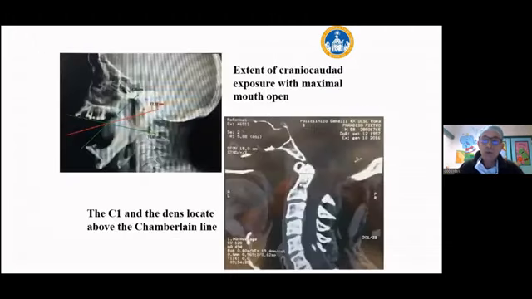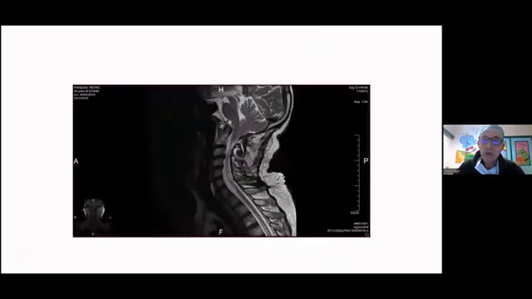This guy was previously operated some years before for the syringomyelia, which in this MRI slide shows some reduction compared to the very beginning of his clinical history.